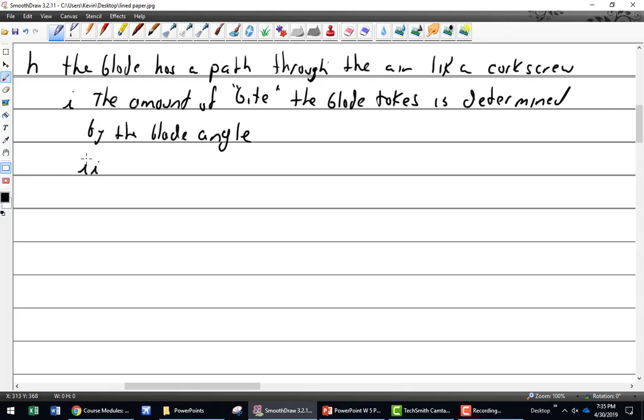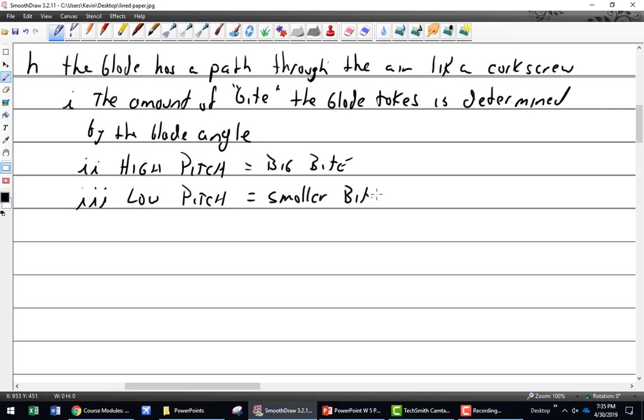So if we have high pitch or high blade angle, it's a big bite. So is the airplane going to go further per revolution or not as far per revolution? Further, okay. And then low pitch or low blade angle equals a smaller bite.